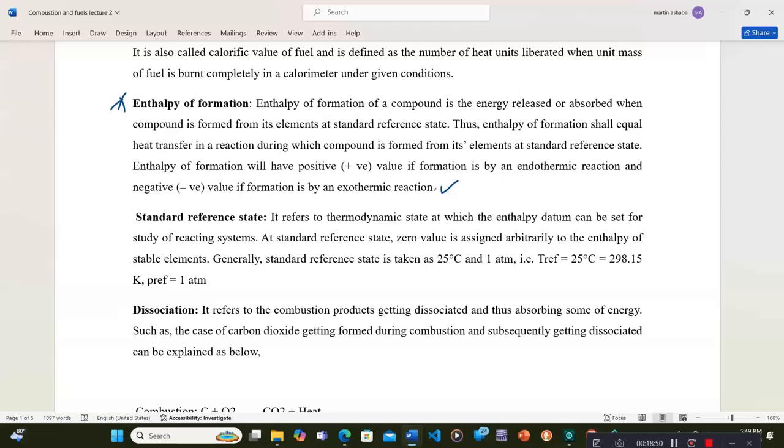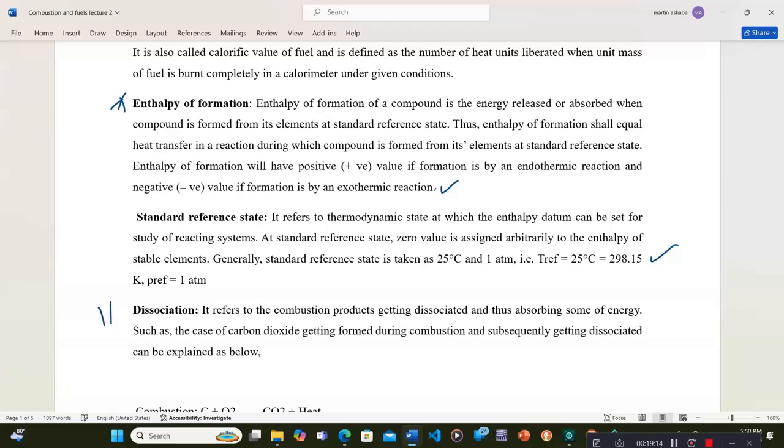Hydrogen, if existing as a molecule, would be 0. But it will not be 0 if it exists as an atom. Generally, the standard reference state is taken as 25 degrees Celsius and 1 atmosphere, that is 298.15 Kelvin, and the reference pressure is 1 atmosphere.